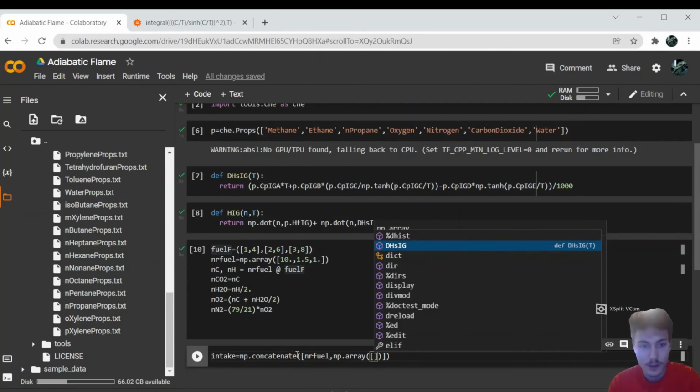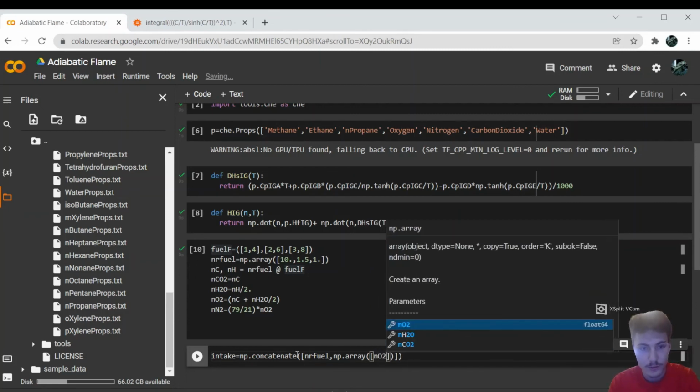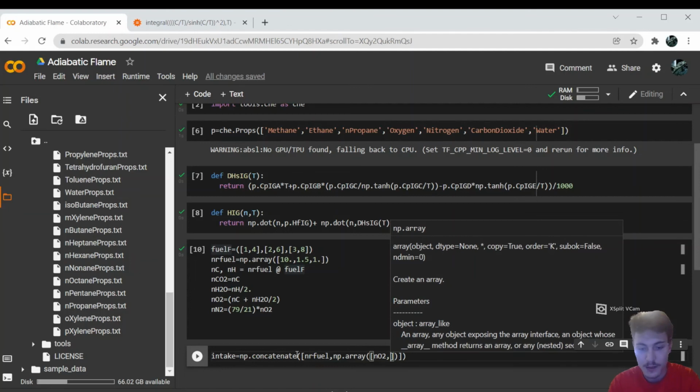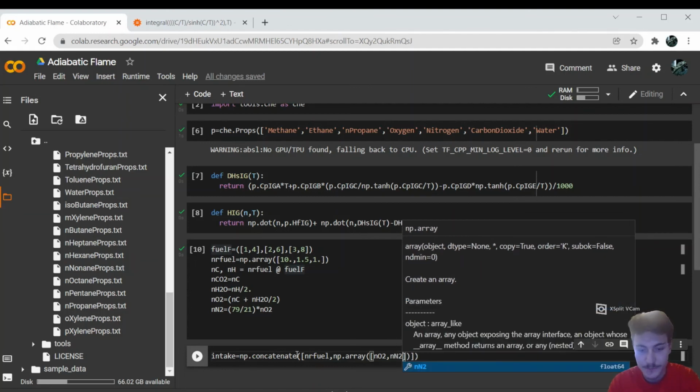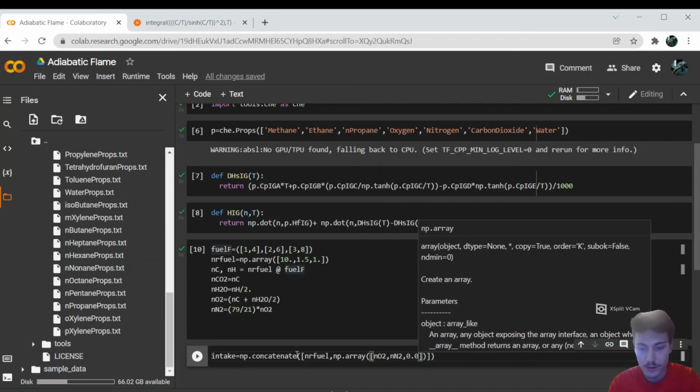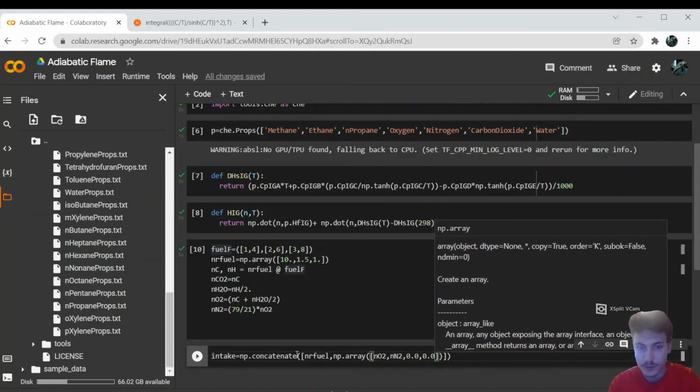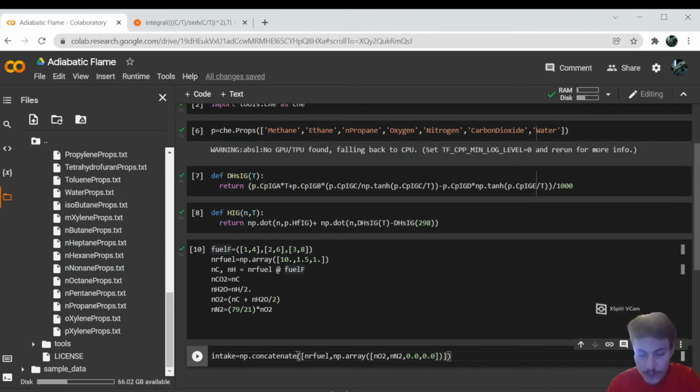So we have the number of moles of O2, and then the number of moles of nitrogen, and none of the products, so no carbon dioxide or water yet.